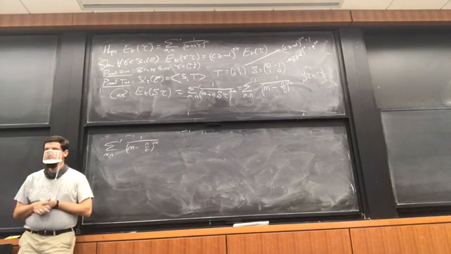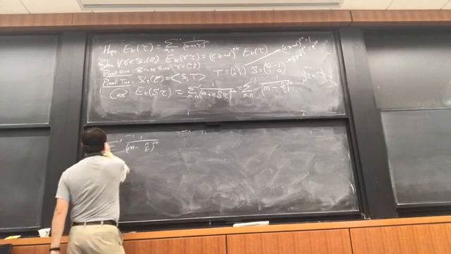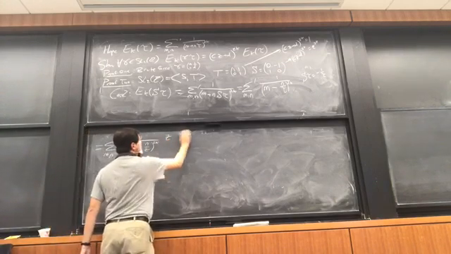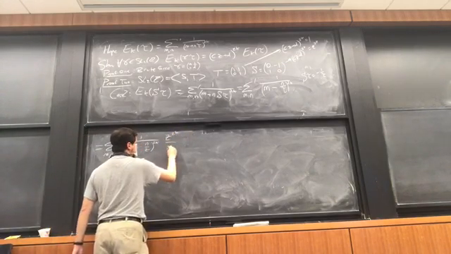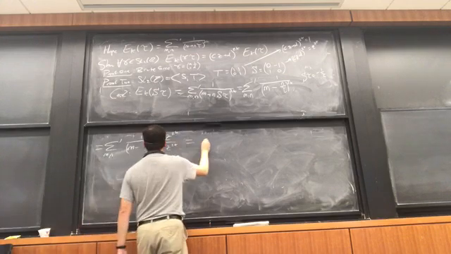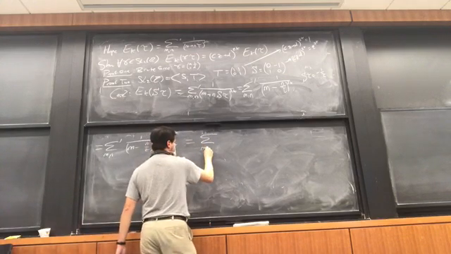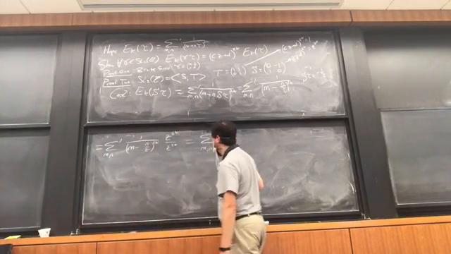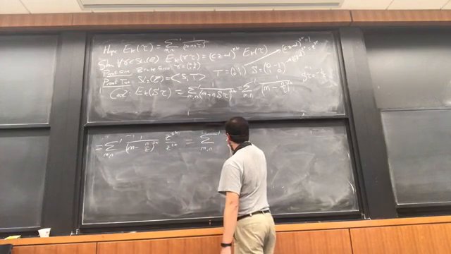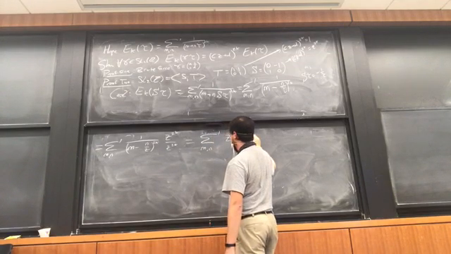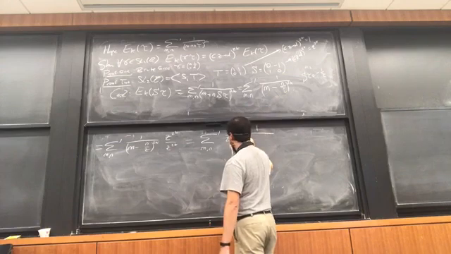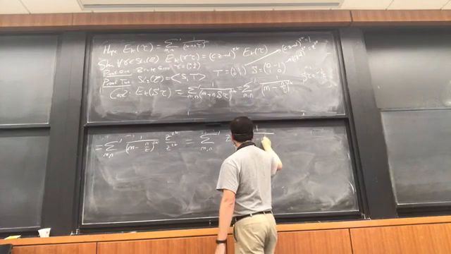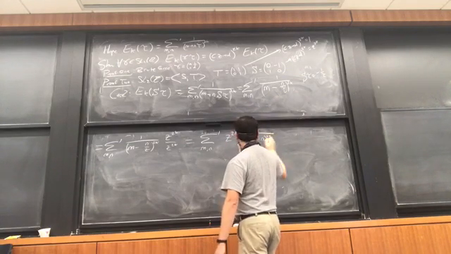Yes? Multiply through by z to the 2k. Multiply through by z to the 2k over z to the 2k. So we have z to the 2k over z to the 2k, and then we'll get a sum over mn prime of z to the 2k, and then we have 1 over mz minus n to the 2k.